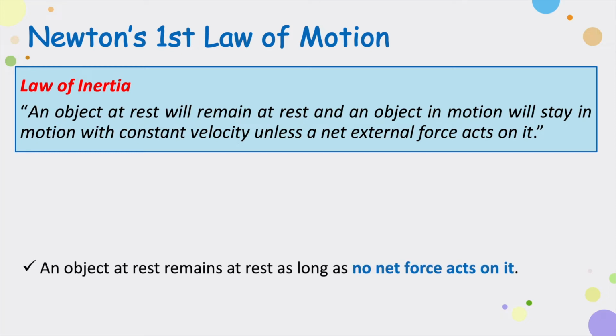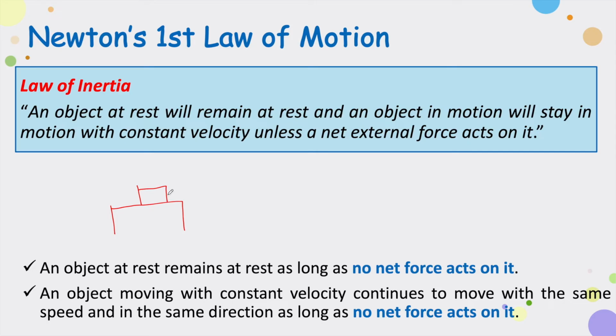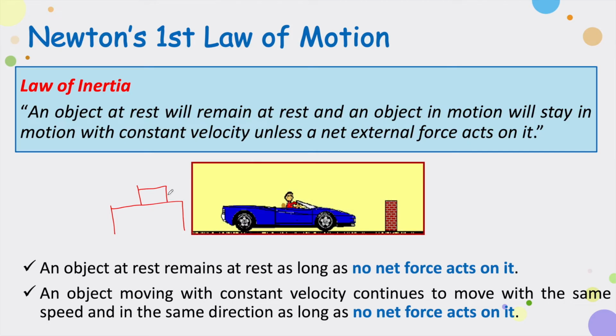One is that an object at rest will remain at rest forever as long as there is no net external force acting on it. So, a book on a table is forever at rest unless you apply a net external force to it, and then it will move.